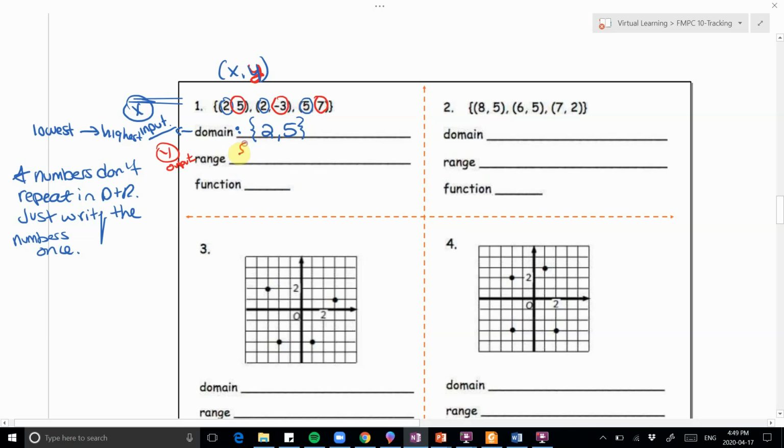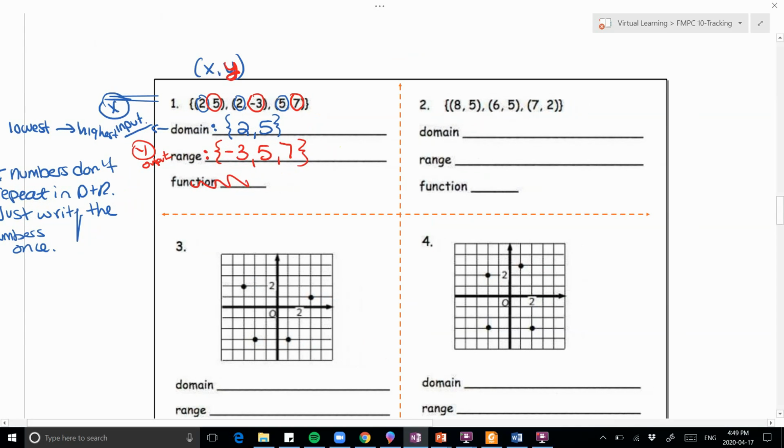So for my range, this -3 is going to come first because that's the smallest number it can be part of. We have a 5 and we have a 7. And those are all of the possible numbers, so we can close off that set. We're not going to be declaring whether things are functions or not today.